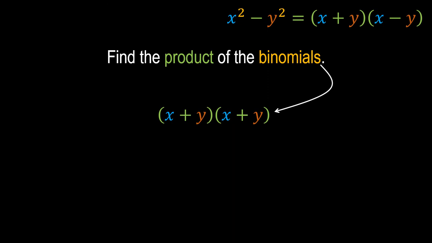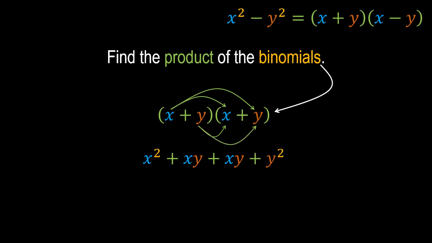We have already seen in our first question that whenever we multiply two binomials, we have to do the multiplication with each and every term of them. So starting with x times x, which equals x squared, then x times y, which equals xy, then y times x, which also equals xy, then y times y, which equals y squared.